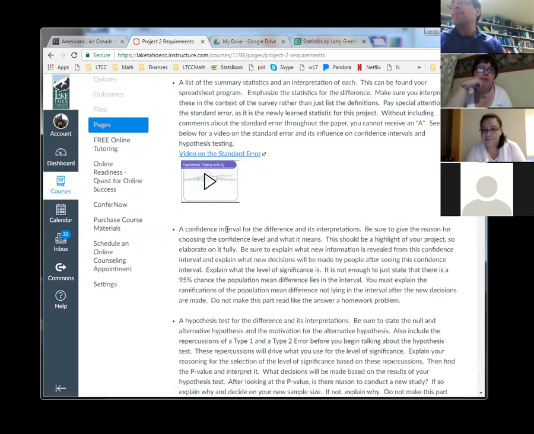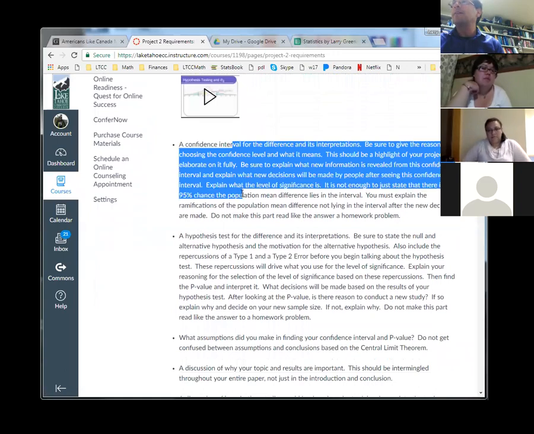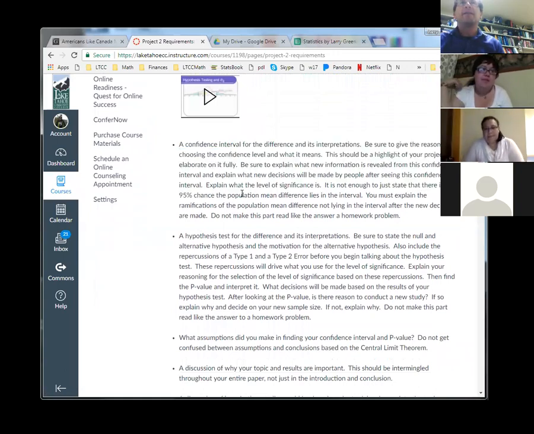Okay, in the project, you're going to be talking about the confidence interval for the difference. This entire project is about the difference. The word difference better be in there like a dozen times in your paper. In particular, population mean difference is what you're talking about, right? Because the confidence interval and hypothesis test are both about the difference.